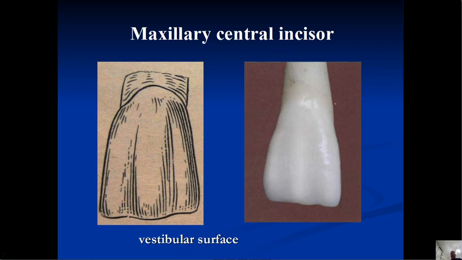Also, we can see that this is a labial surface. It will be vestibular surface for the front teeth, for the incisors and for the canines. And the next part, this is incisal or occlusal. Incisal, this is a cutting surface of anterior tooth, and occlusal, this is a chewing surface of the posterior tooth.